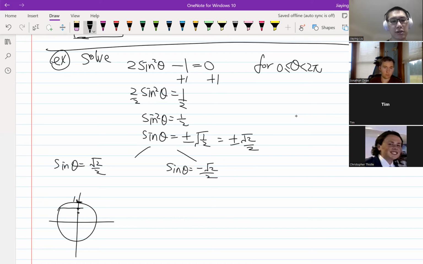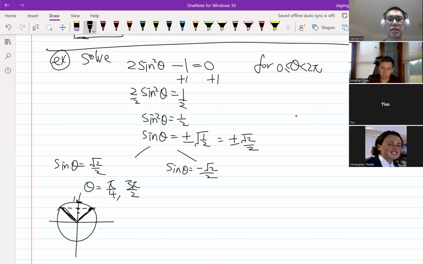So that's going to give us this y coordinate and this one. Sorry, √2/2 corresponds to angle pi/4. So theta equals pi/4 or 3 pi/4 from the first equation.